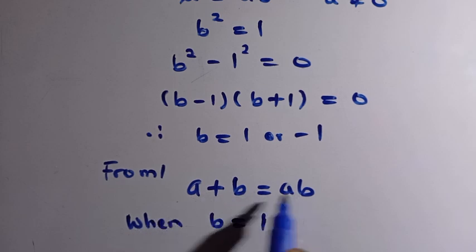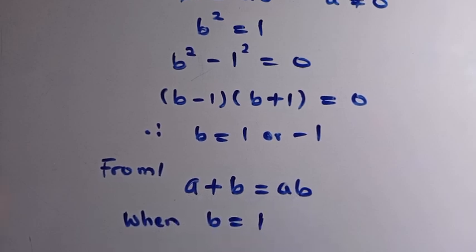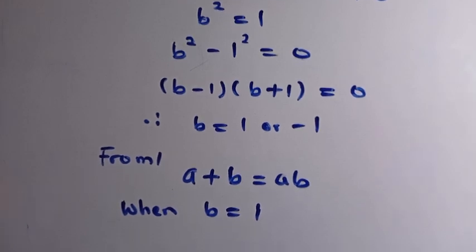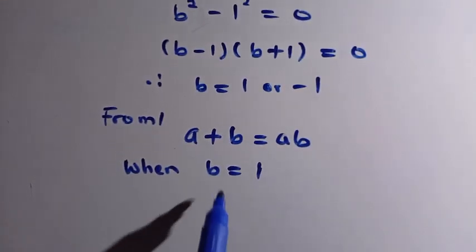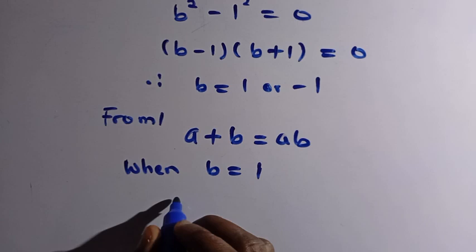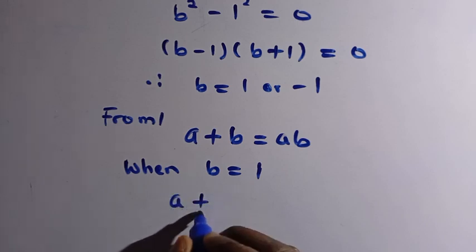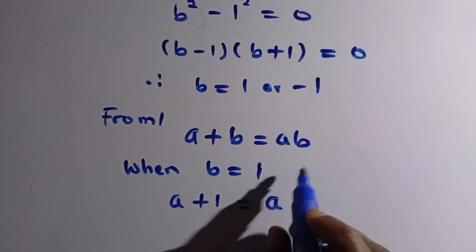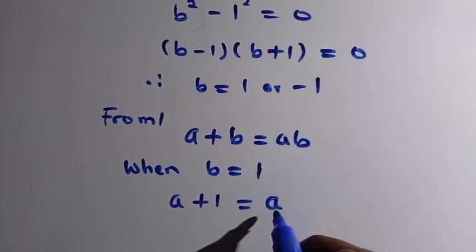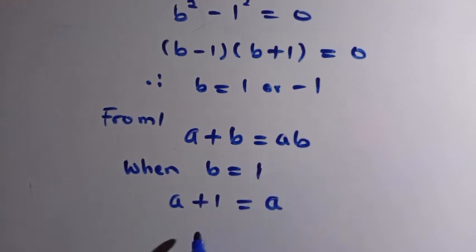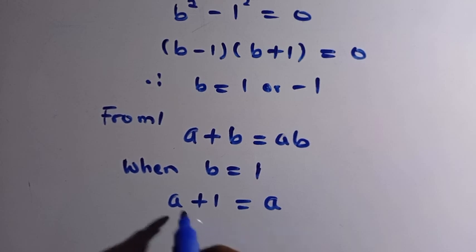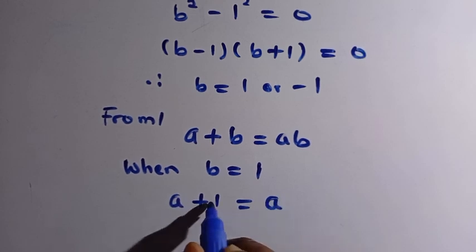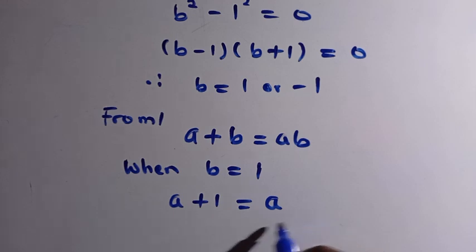We try to replace it here to get the value of a. Since we have the value of b already, when we put the value of b here, we have a plus 1 equals a, because a times 1 equals a. And by the look of things, this is not a solution, because when a cancels here, we have just 1 equals 0.